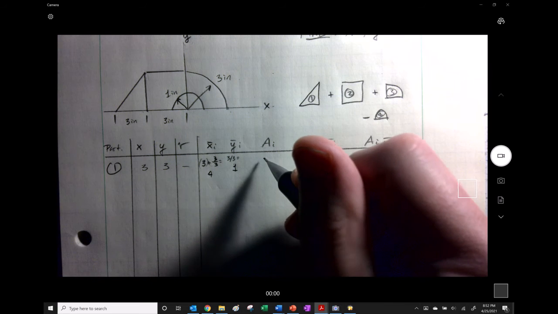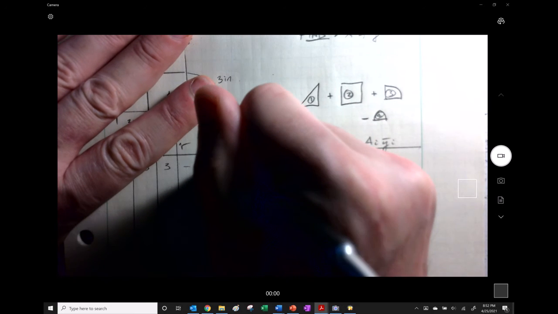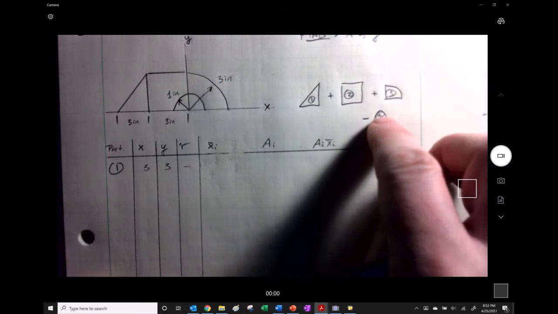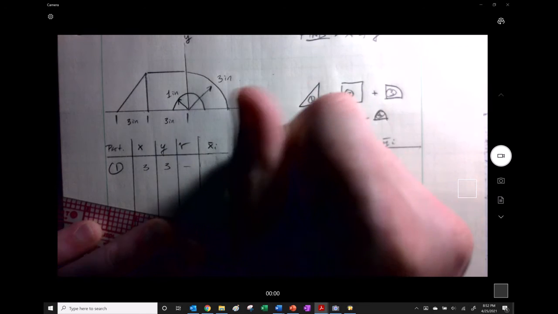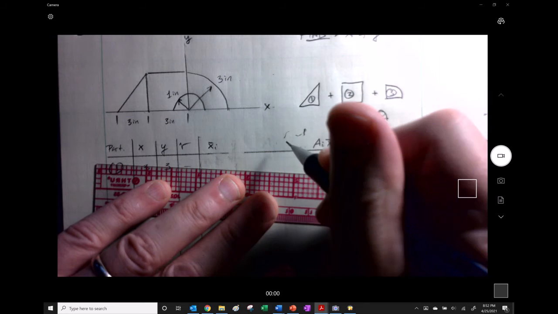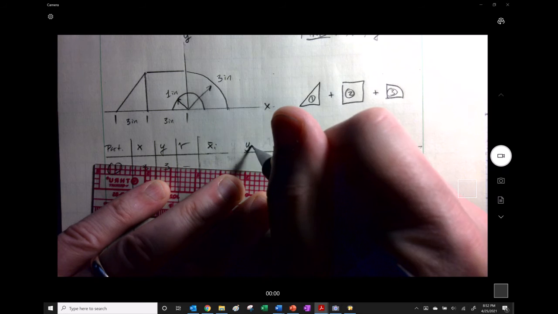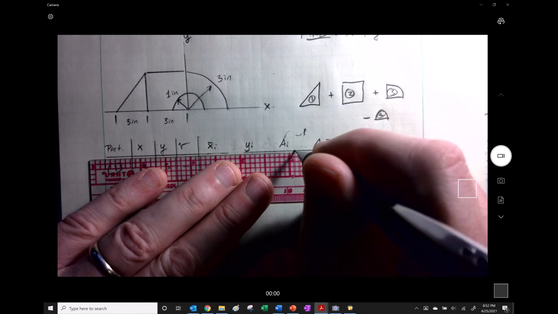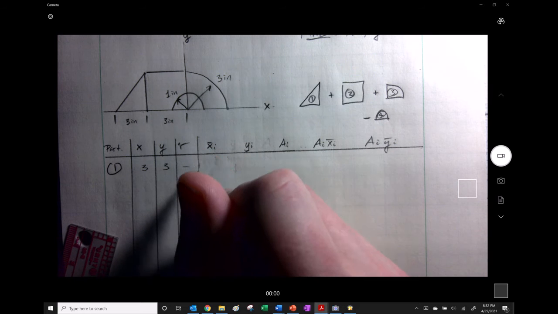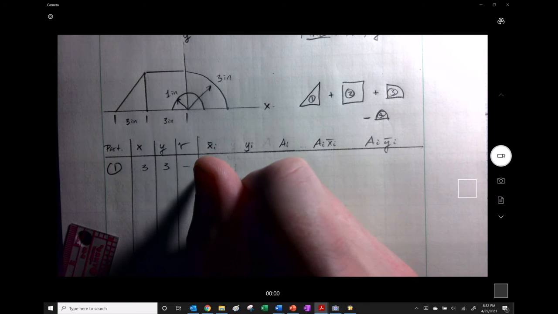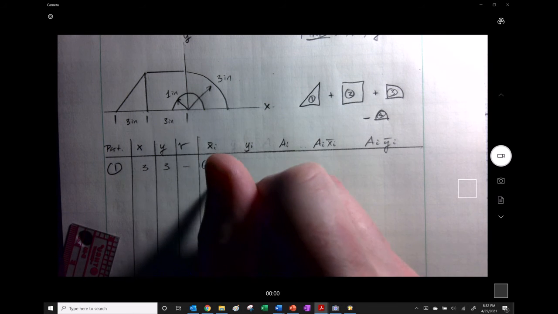And so I really need to make these bigger so I get more room, because I'm going to use some room when I get down to these guys over here. So let me move my Ai over there too. So I have 3 plus 3 over 3, or 4.